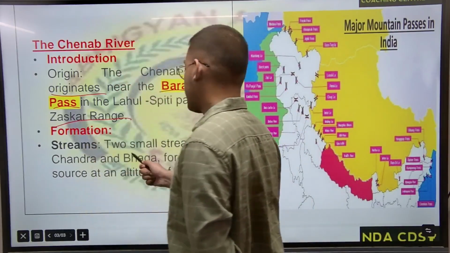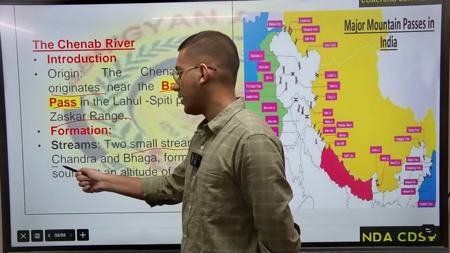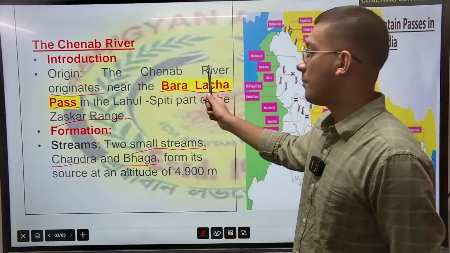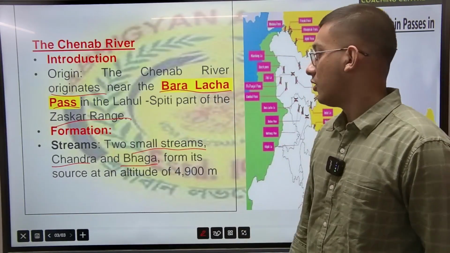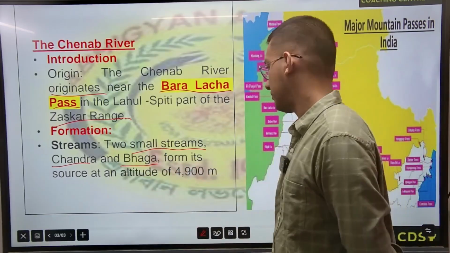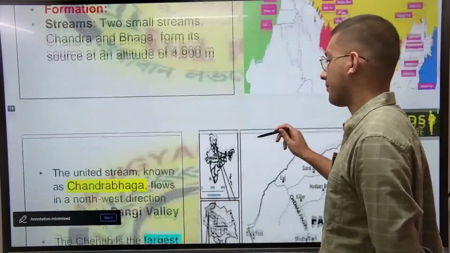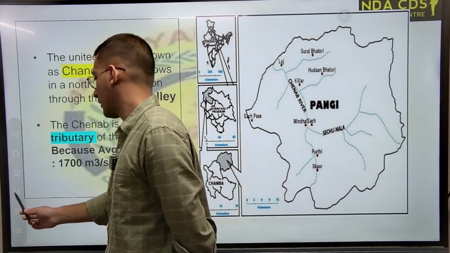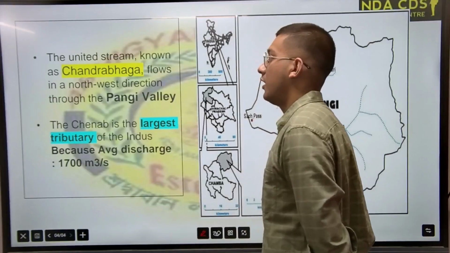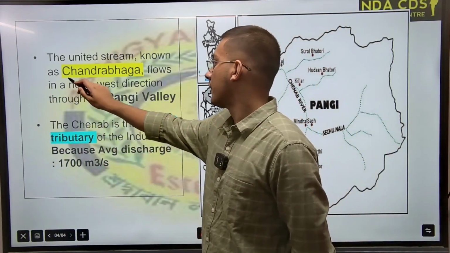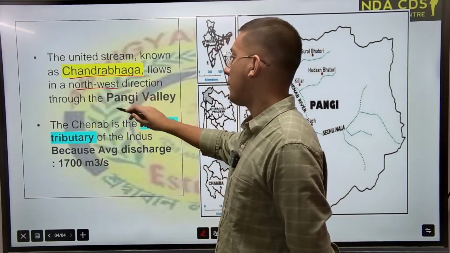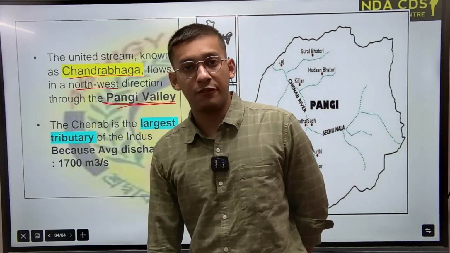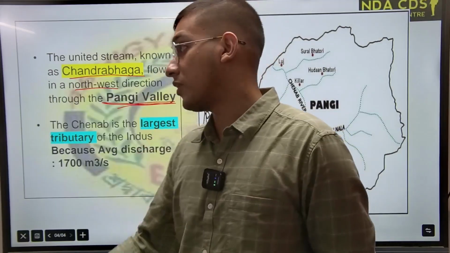Chenab forms two small streams known as Chandra and Bhaga. Together, the streams are known as Chandrabhaga, and it flows northwest through the Pangi Valley.